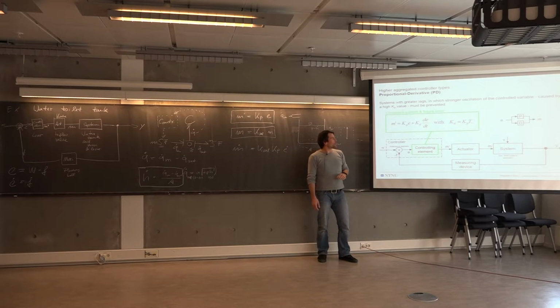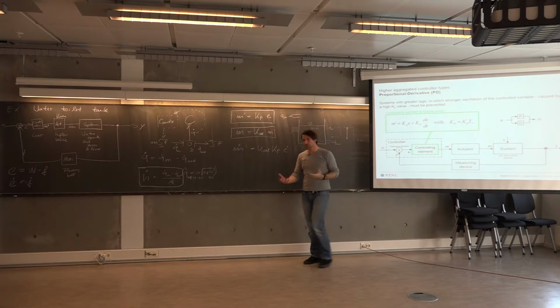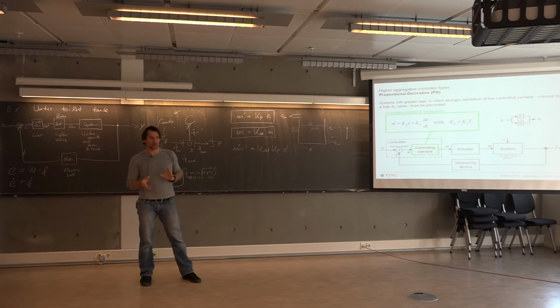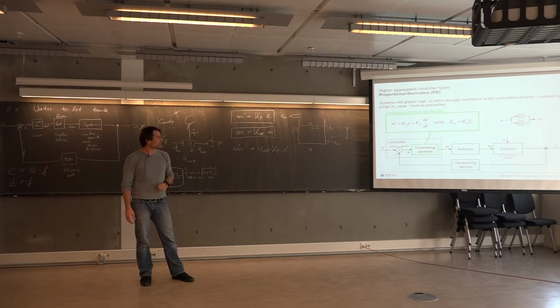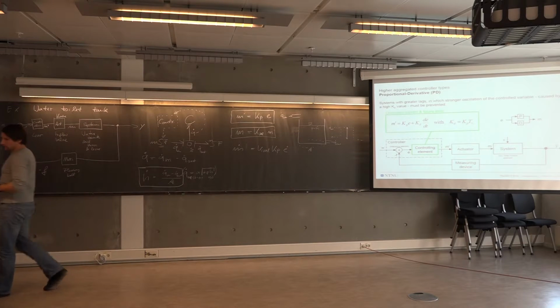And by doing so, we don't only consider the current error with the proportional approach, we also take into account the rate of change of the error, meaning the way it may develop in the future. And this is something which you may need if you need a very fast response for systems which have large energy storages or which need to be controlled in a very precise and fast manner.